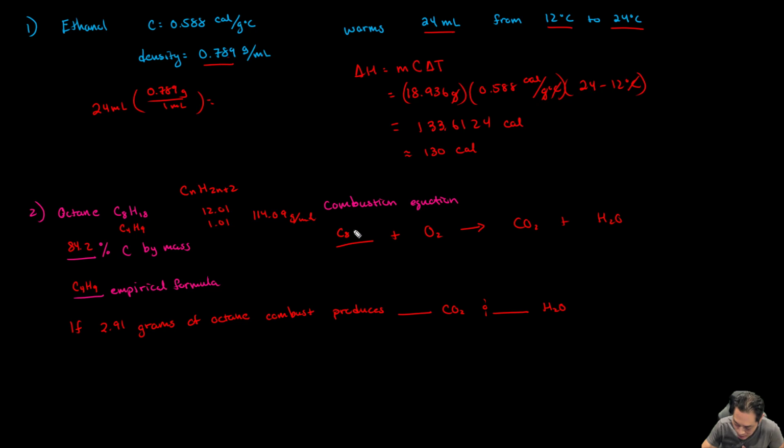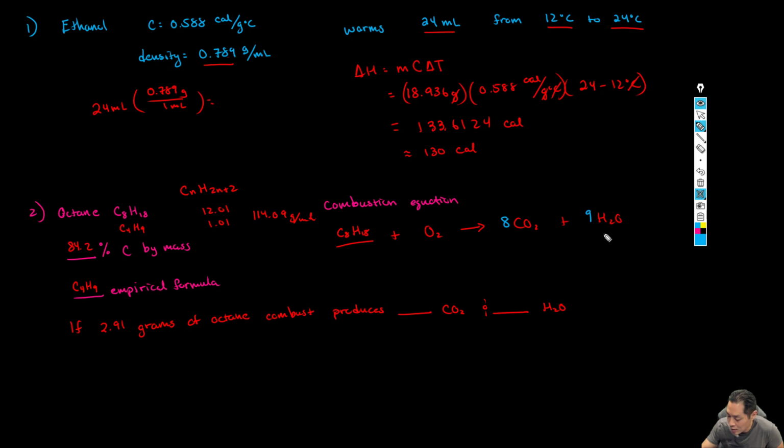So C8H18 is our fuel. With oxygen, it's going to produce these two. Let's balance the equation. We have 8 carbons here, so I'm going to put an 8 right here. Now it's balanced on both sides. I have 18 hydrogens here, so I have H2. So 18 divided by 2 gives me 9. So 9 times 2 is 18. So now I have 18 hydrogens on both sides, 8 carbons.